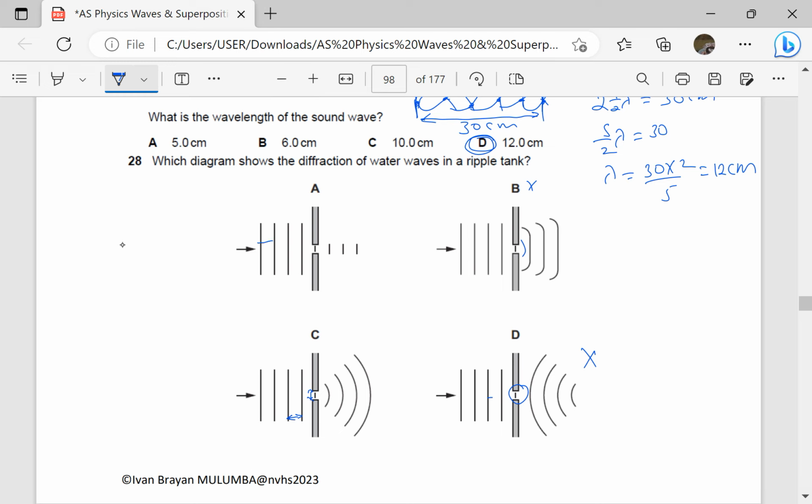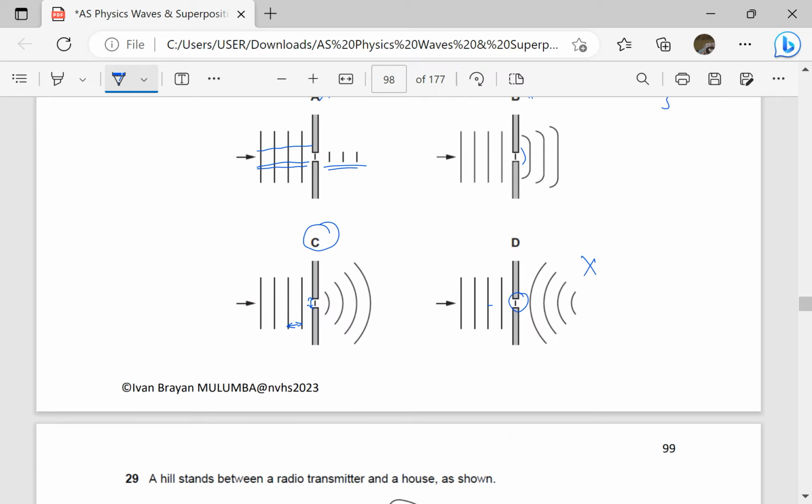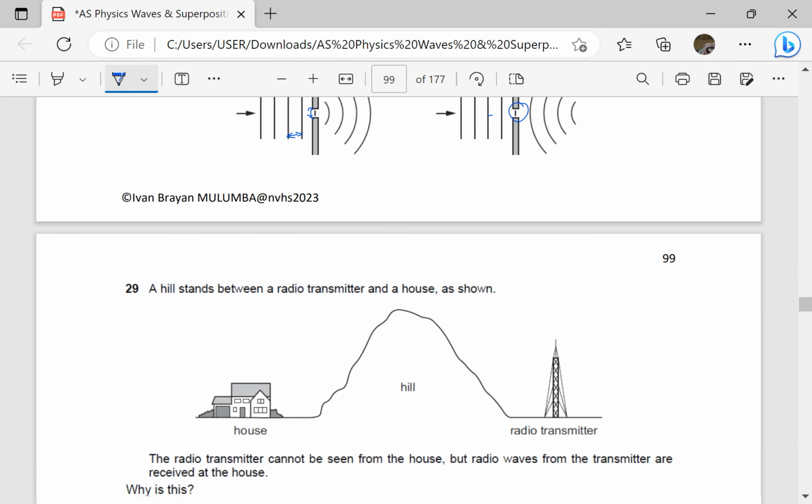It is actually just showing that part of the wave is cut off and only a small portion of the wave remains, which is almost the same as the size of the gap. So this one is also wrong. So for diffraction, this is how diffraction occurs if the size of the gap is almost or closer to the wavelength. So the answer is going to be C.